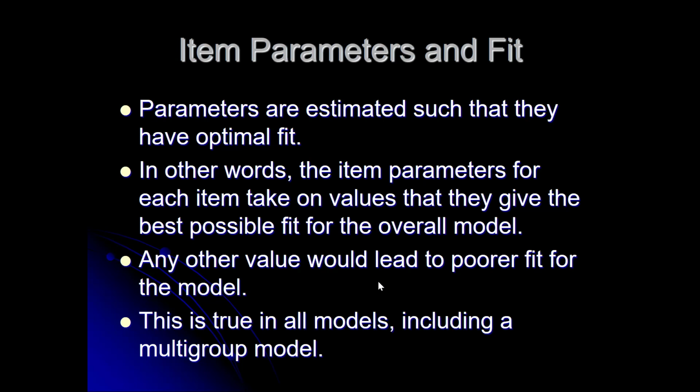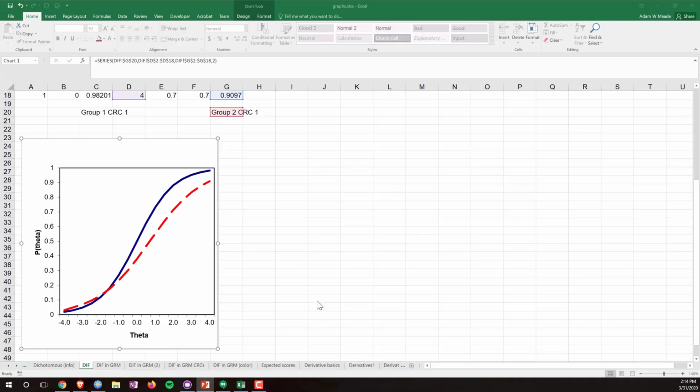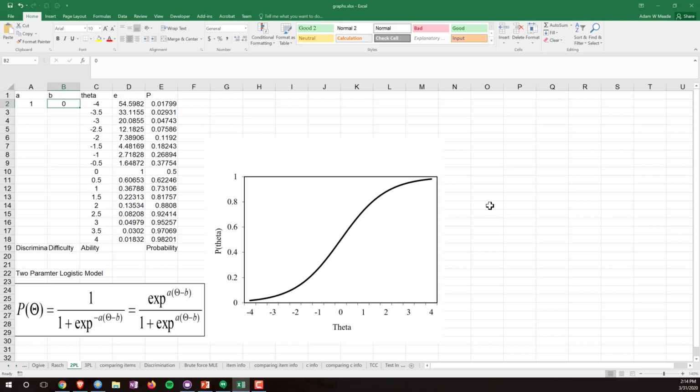It's a little hard to talk about this because we haven't really talked much about fit on the whole, but essentially fit is the congruence between what the model says should be the p-value and what the actual p-value is. We haven't done that much just yet, but you can conceptually get your head around it. You can think about the two-parameter model here, right? This line is what we might call model-implied p-values.